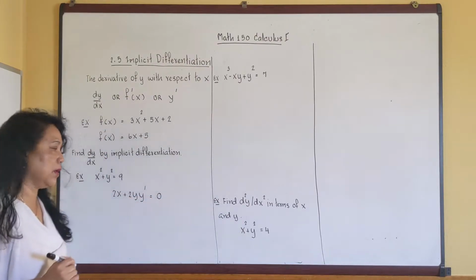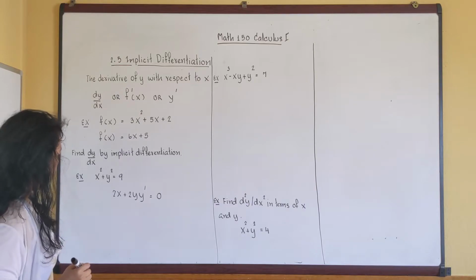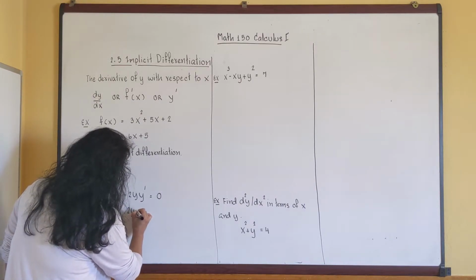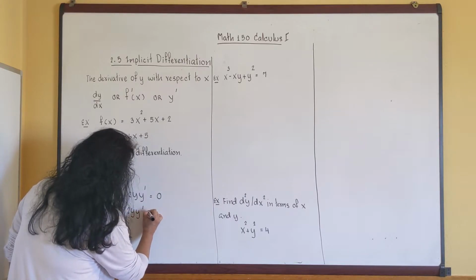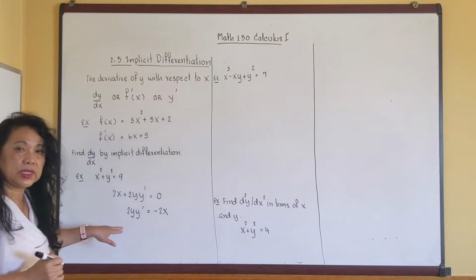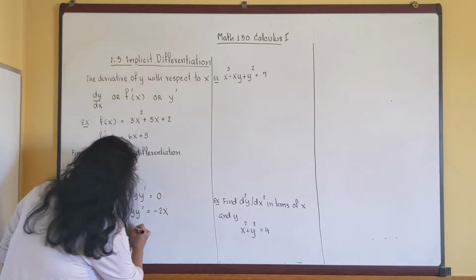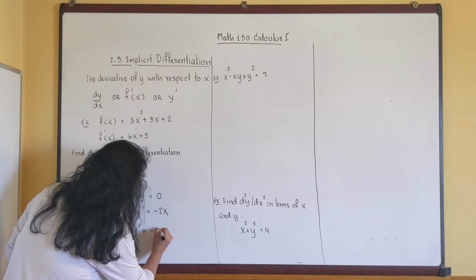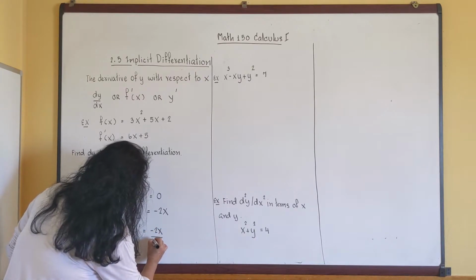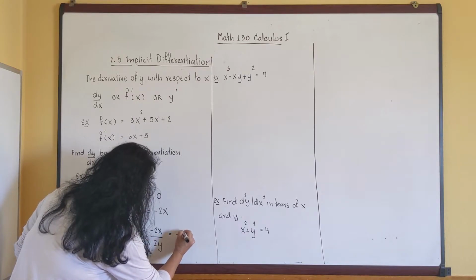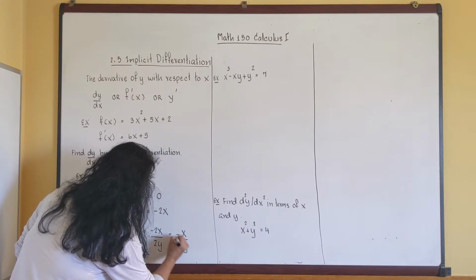They want you to find y prime, so from here it's very straightforward. 2y y prime equals negative 2x. Then I need to isolate y prime by itself. So y prime will be negative 2x over 2y, which is negative x over y.